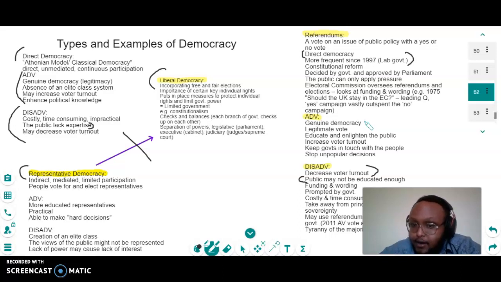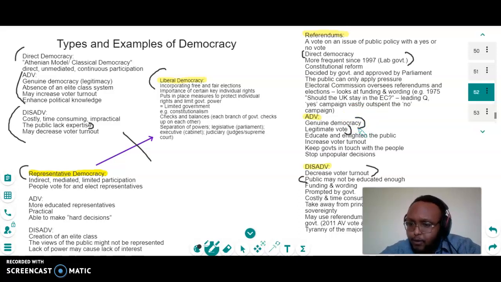Okay, so an advantage of a referendum is, as we've said, with anything that is a direct democratic tool, it garners a great deal of legitimacy. So, in the case of the Scottish referendum, the majority of Scots said we want to stay within the United Kingdom, and as a result of that, it gained a lot of legitimacy. It also proves that it is a genuine democracy.